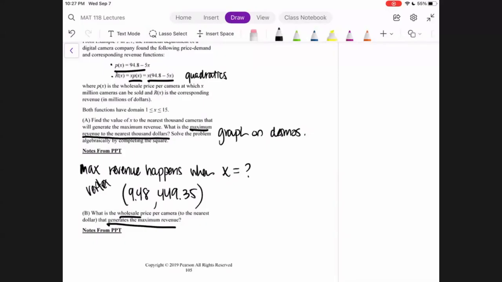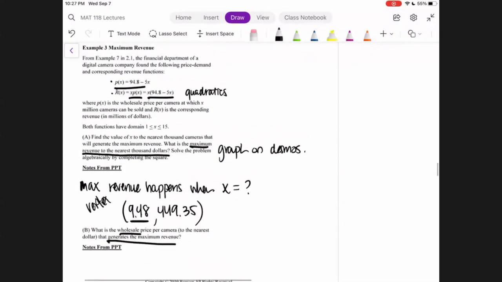So this tells me what? This tells me that the revenue will happen when I sell X million cameras. So max revenue happens when I sell 9.48 million cameras, which is how many cameras?